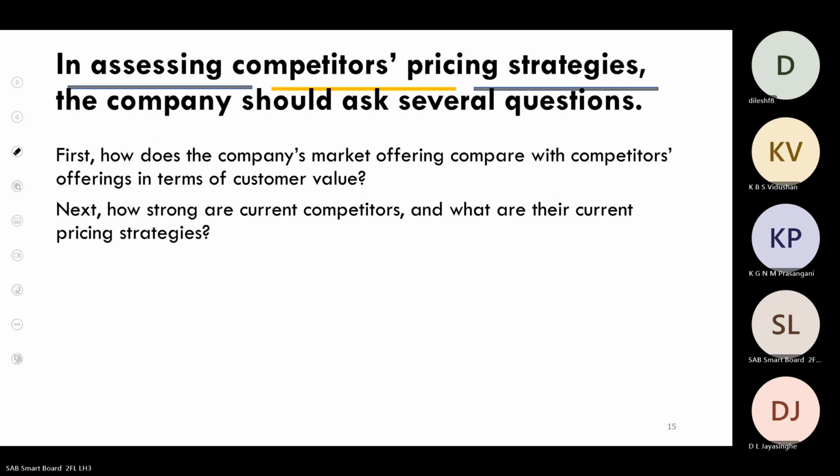But if other players want us to go there, they have to significantly promote or communicate the benefits that they can give to the customers. Right.